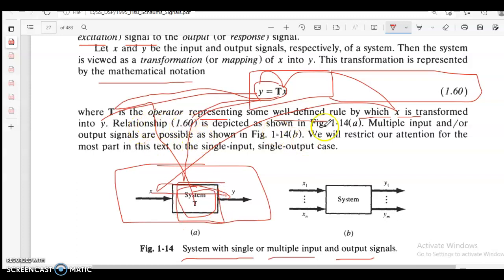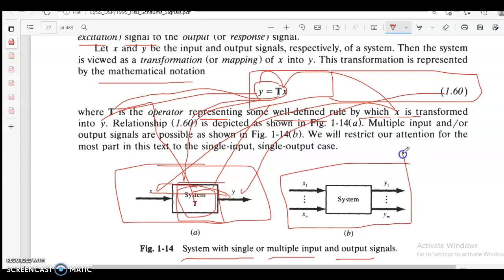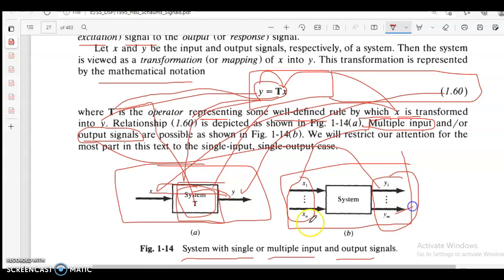Multiple input and output signals are possible, as shown in figure 1.14b. Here there are multiple inputs, x1, x2, x3 up to xn, and the output signals are also multiple, y1, y2, y3 up to ym.